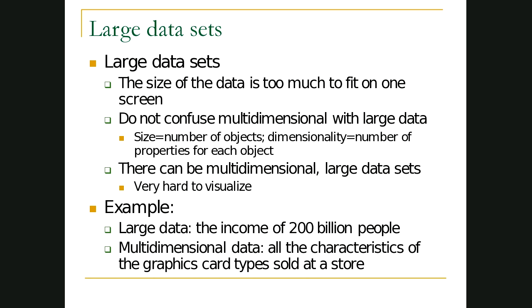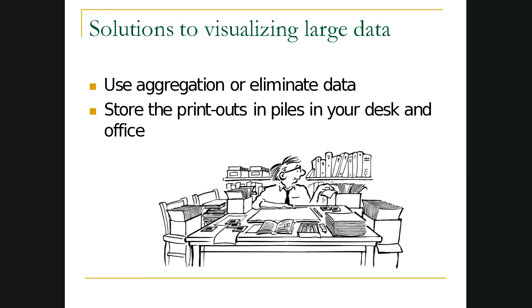What I'm trying to make clear is that a large data set, if I were to put it in a spreadsheet, has a large number of rows. There are also data sets that have a large number of columns. Those are called multidimensional or complex. And there are obviously sets that can have both.